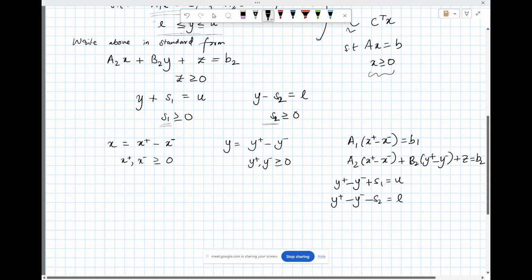So now all our variables x plus, x minus, y plus, y minus, s1, s2 are greater than or equal to 0.